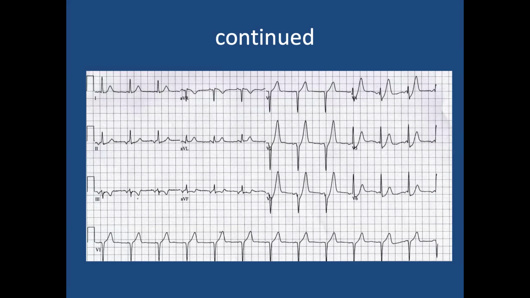But this is quite localized to V2, V3, and you've got a slight upsloping ST depression into your hyperacute T wave. So it's really characteristic of De Winter's T wave.